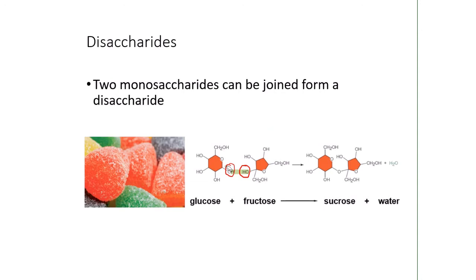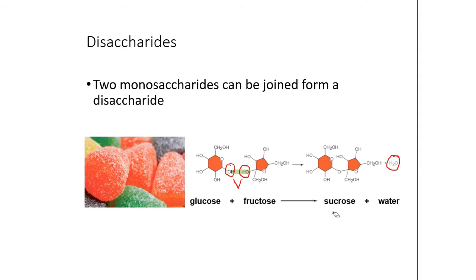In the reaction, you will be taking the hydrogen from the glucose and the OH from the fructose, and when you remove these together, they will form water. After you remove the water, the glucose and the fructose will be linked together. We will now call that sucrose.